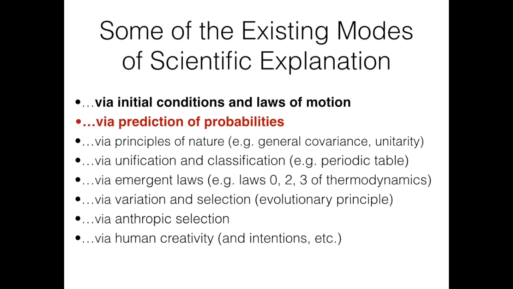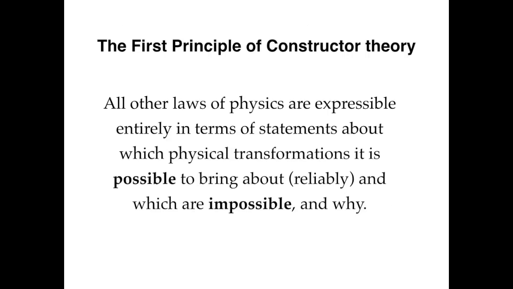Now, the basic principle of constructor theory is just that all the laws of physics are expressible in that way. Since every task is supposed to be either definitively possible or impossible to perform, there can't be such a thing as a task being possible with a given probability, not 0 or 1.